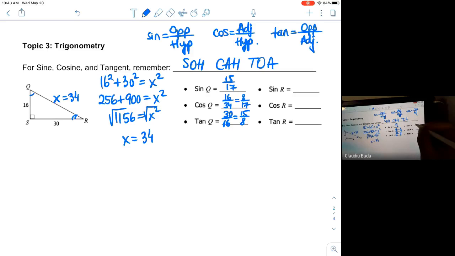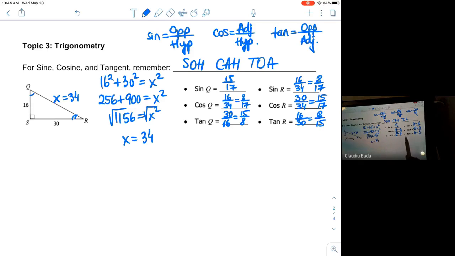So we're going to have opposite over the hypotenuse, so that is 16 over 34, which simplifies to 8 over 17. And cosine of r is adjacent over hypotenuse, which is 30 over 34, and simplifies to 15 over 17. Tan of angle r is opposite, which is 16 over 30, and it simplifies to 8 over 15.